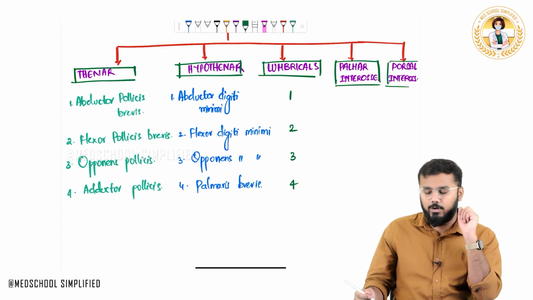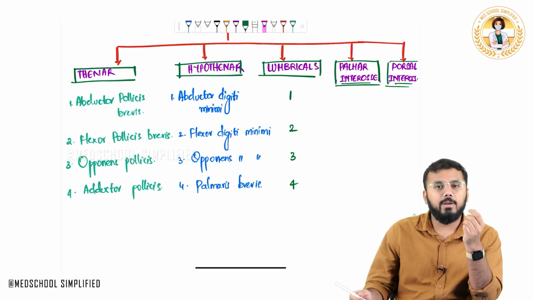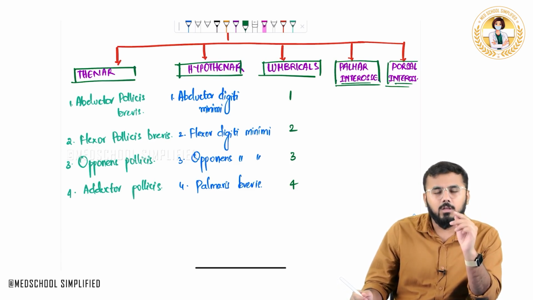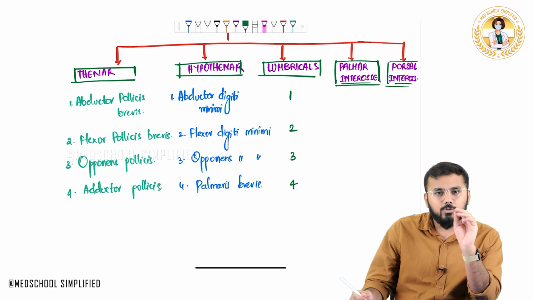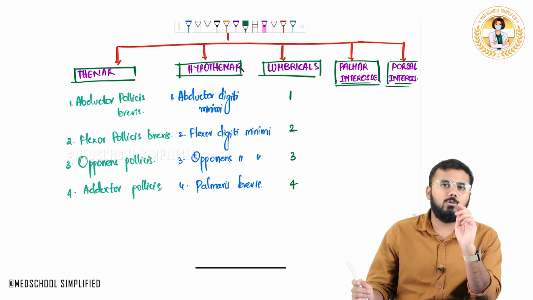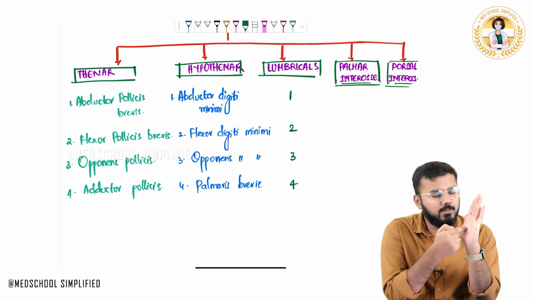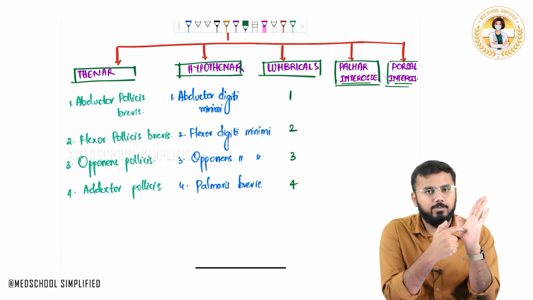Now what do you mean by interossei? There are 2 groups here, palmar and dorsal interossei. Inter is in between, ossea means bone. So in between the bones you have these muscles, called interossei. Palmar interossei means on the palmar side, in between the bones. Let us say between the first metacarpal and the second metacarpal, here you have one palmar interosseous muscle.